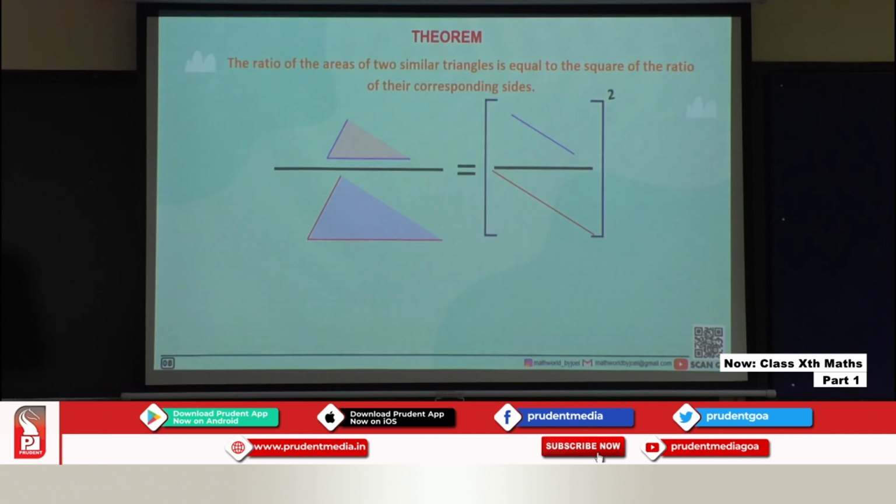So I hope the theorem is clear. If there are two triangles which are similar, then the ratio of their areas will be equal to the ratio of the corresponding sides, but the square of those corresponding sides. So mathematically, if you want to write this entire statement, it would be something like this.